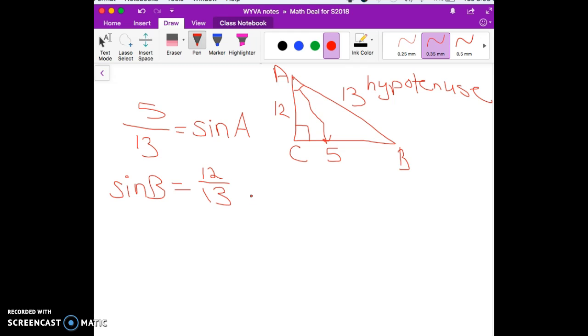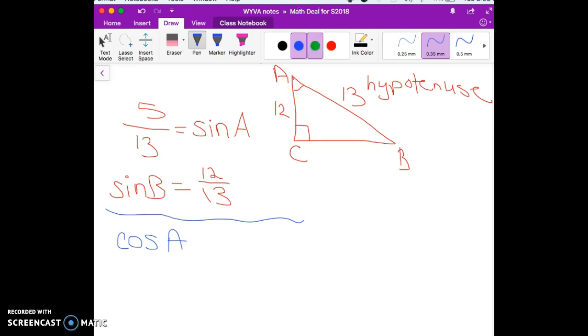Well, that was cool. But what happens if I don't know my angles or I don't know my opposite? What happens if I only know the side right next to A? Well, they found out that there's something else. We call that cosine.